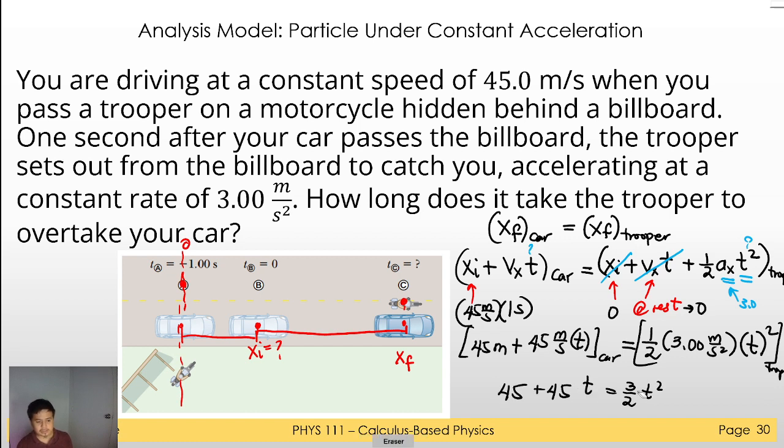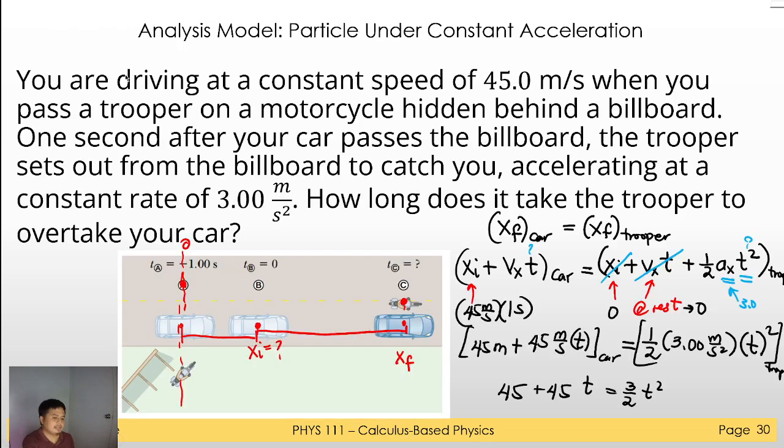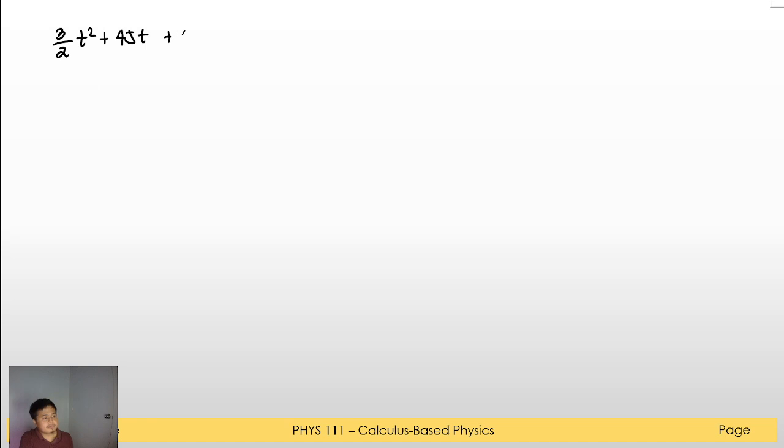So we have here a polynomial equation in the second order, or a quadratic equation. So to solve for the value of t, we have 3 halves t squared plus 45t, and then plus 45, and then equate this to 0.